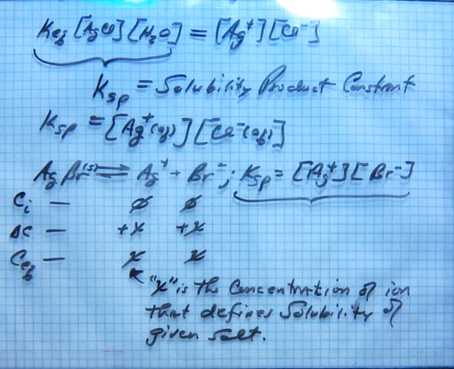In each case, regardless of the ionization ratio, your objective is to find out what the value of x is in moles per liter and report that in context as the solubility of the salt.